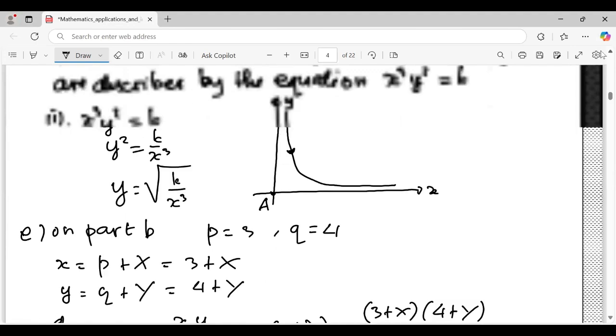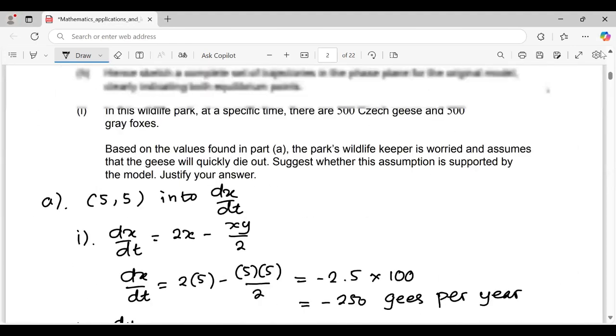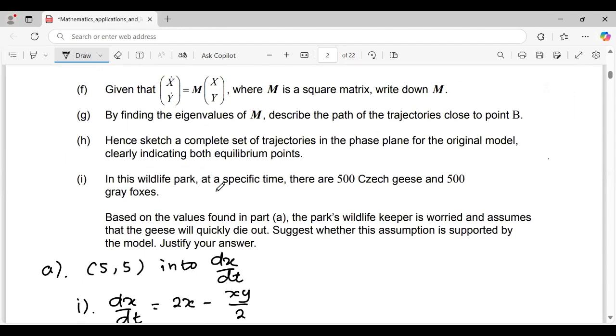Next question, I. In this wildlife park, at a specific time, there are 500 geese and 500 great foxes. Based on the values found in part A, the park wildlife keeper is worried and assumes that the geese will quickly die out.